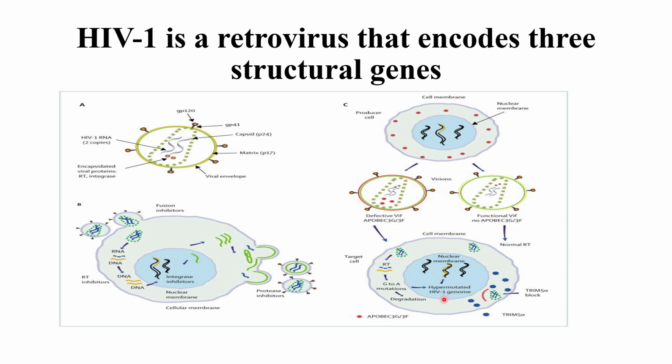Thus the TRIM5 alpha will not be able to perform its function in the more advanced HIV virus.